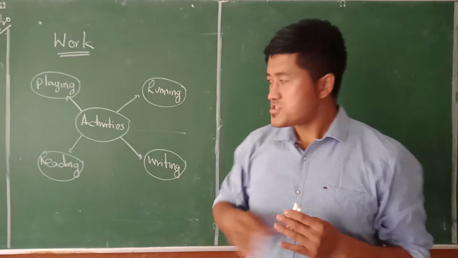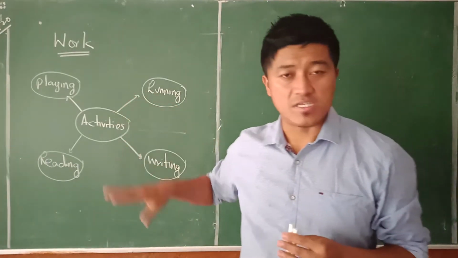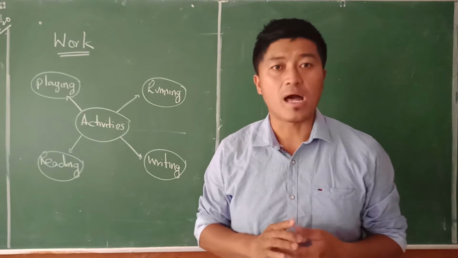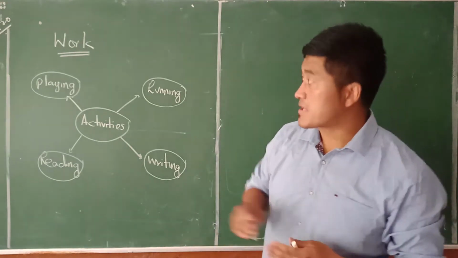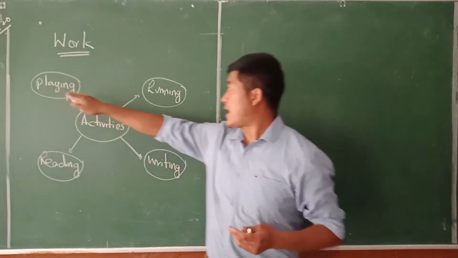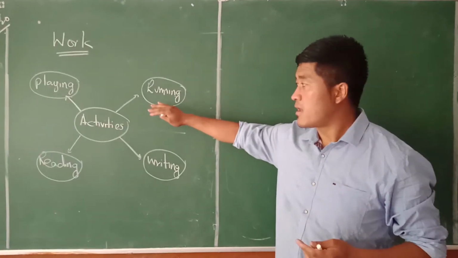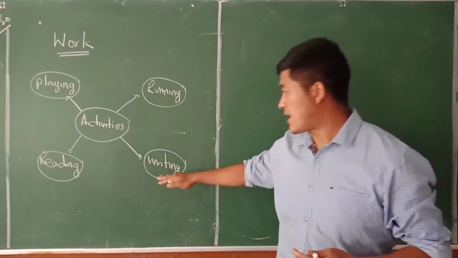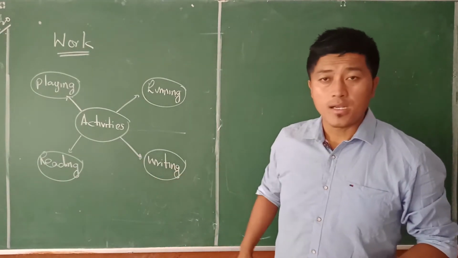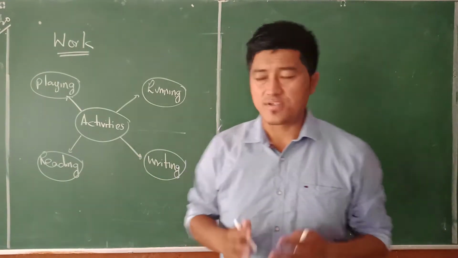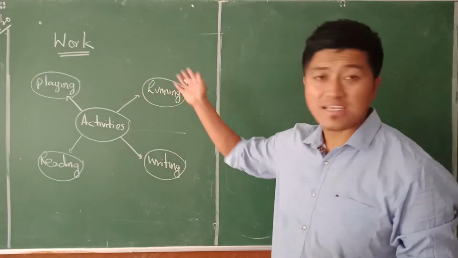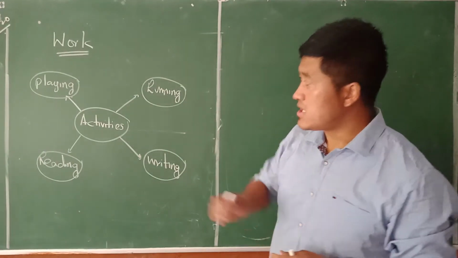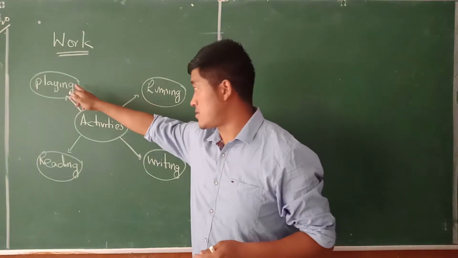But if I just write down maybe four activities which we are quite familiar with in our daily life, like playing and running, then we also do certain activities like reading and writing. Now, what is the difference between these activities?